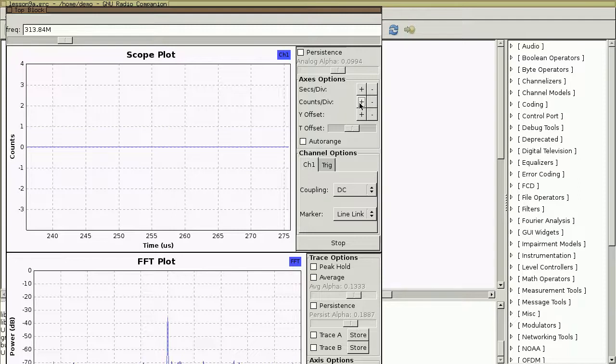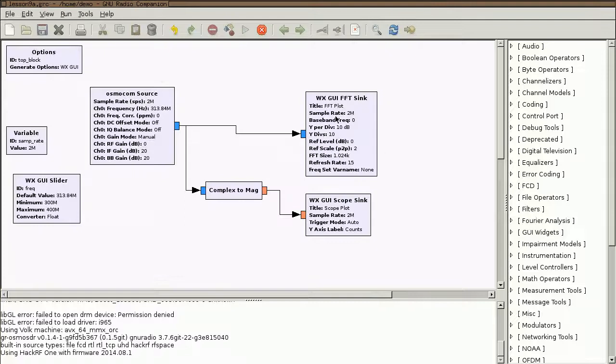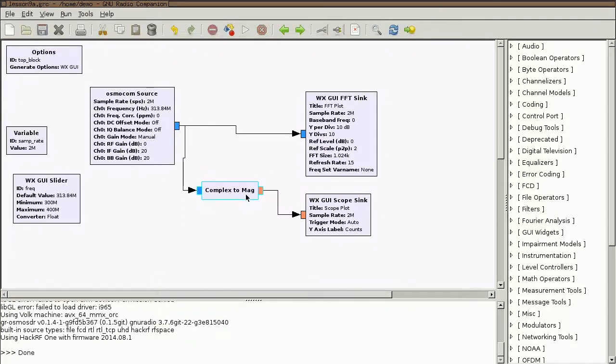So how are we going to demodulate it? How are we going to extract frequency information over time so we can scope that instead of scoping the amplitude? Well, if you recall from Lesson 7, we talked about an algorithm that allows us to do that for complex valued signals. And here we have a complex valued waveform that, instead of amplitude demodulating, as we did with the complex to mag block, we should be able to frequency demodulate.